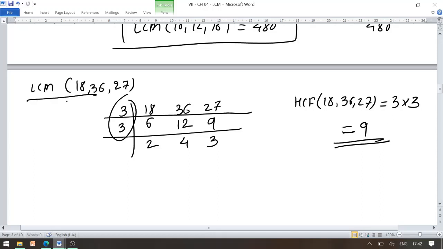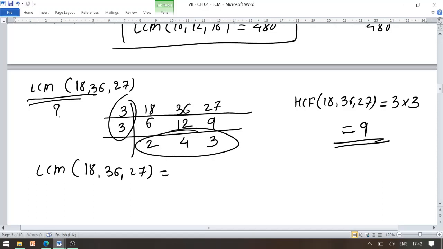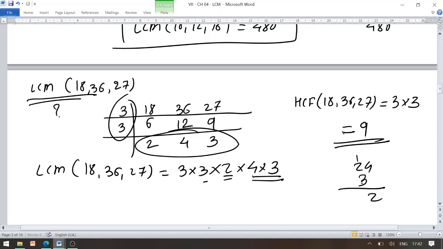But what about now the LCM? So the LCM of 18, 36 and 27 is the multiplication of 3, 3, 2, 4 and 3. So we have 4 threes are 12, 12 twos are 24, 24 into 3 we have to evaluate. 4 threes are 12, carry 1, 3 twos are 6 plus 1 is 7.